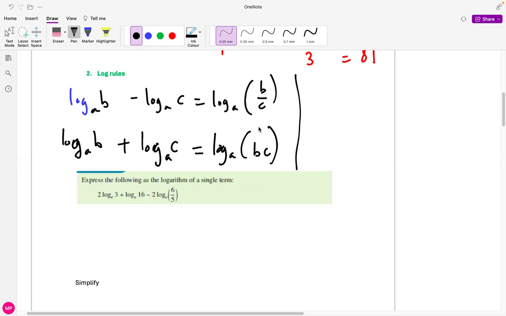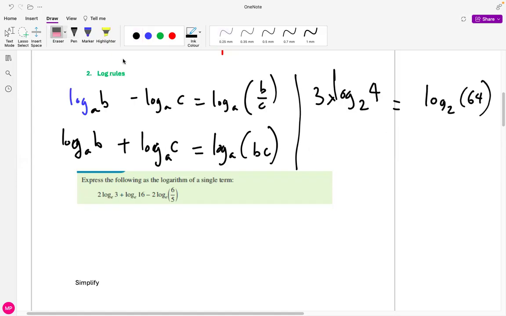Then I have another rule. Now think about log 2 of 4 with the 3 outside, compared to log 2 of 64.